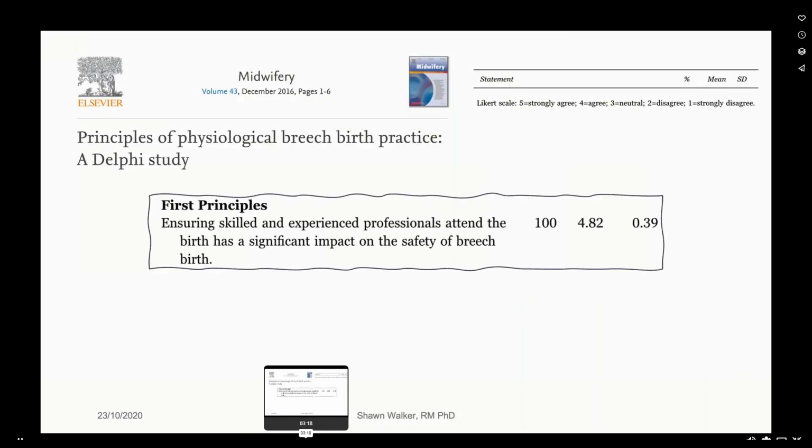The first principle of the physiological breech delivery is ensuring skilled and experienced professional attend the birth, and this has significant impact on the safety of breech birth. So number one is the human factor. The person who conducts the breech delivery should be experienced. This is the number one principle.